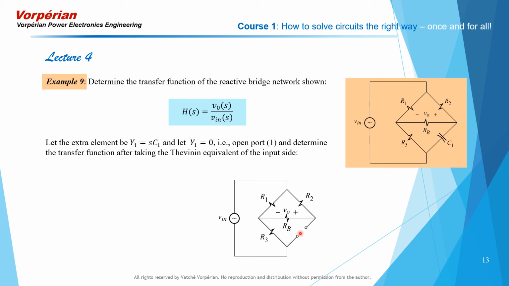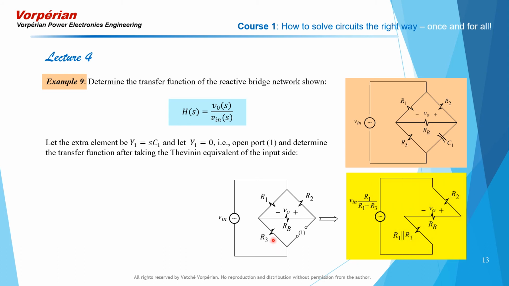We take it out as shown here, and we determine V0 over Vin, a very simple calculation for this resistive circuit. Here I'm showing how you can take the Thevenin equivalent of R3, R1, and Vin and write a single voltage divider, and for that you get the transfer function V0 over Vin.